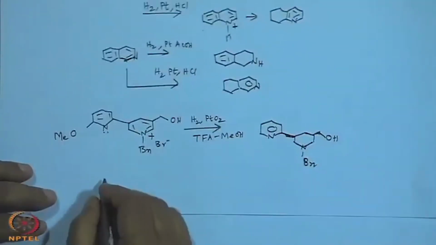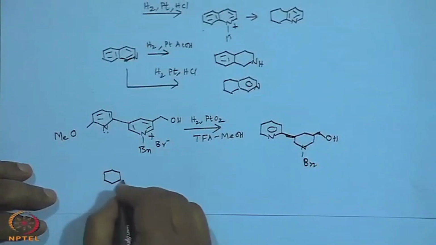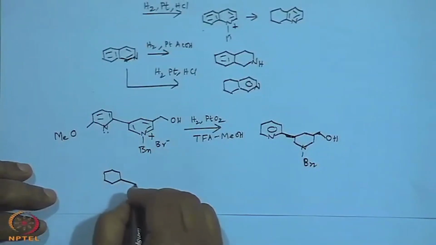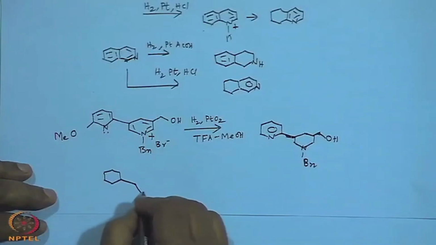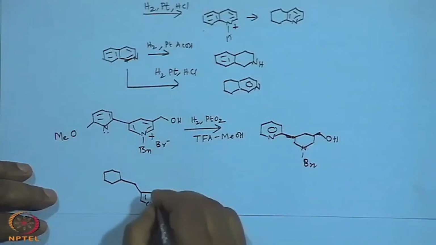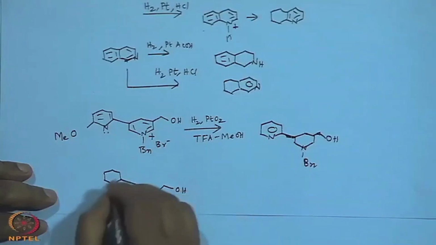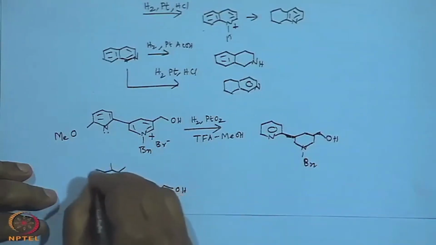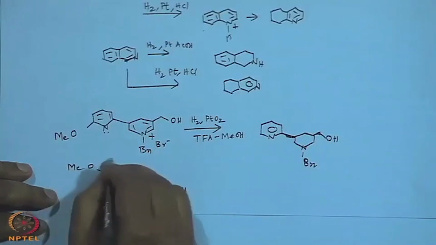One more example could be, let us say, in this case a competition between a benzene ring and a furan ring, and you have a furfural, and then you have methoxy groups here and there.